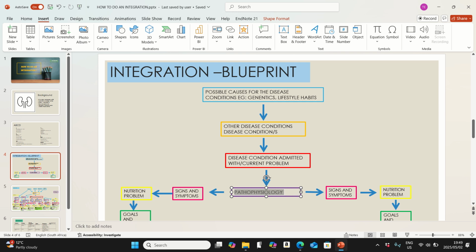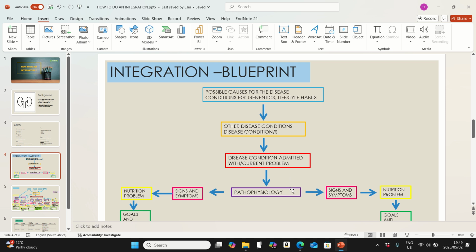It helps you understand everything clearer and links everything nicely, I want to say. So this is important. Wherever possible, please try and include the pathophysiology. It might not be part of your PES statements, but it's important. In this integration, it is part of my PES statements.